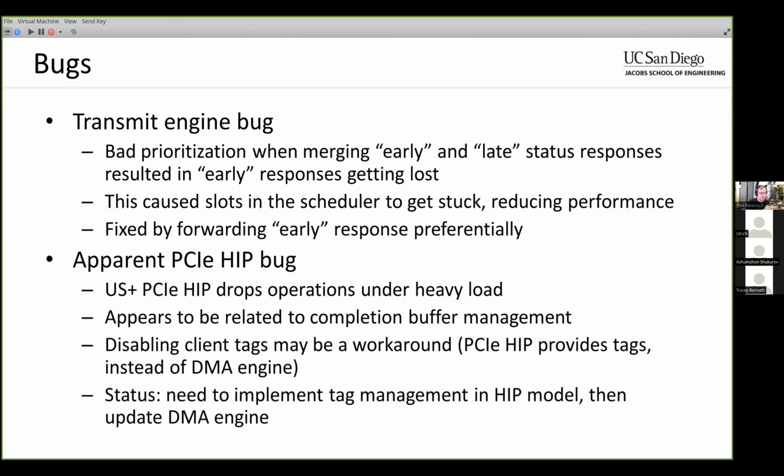What I think is going on with this bug is that logic is getting screwed up. It accepts a completion it's not supposed to accept, and then it overwrites some of its internal logic for tracking completions, and then everything gets screwed up. And I'm presuming what happens is when those completions actually come back for that operation that got kicked out, then they get dropped.